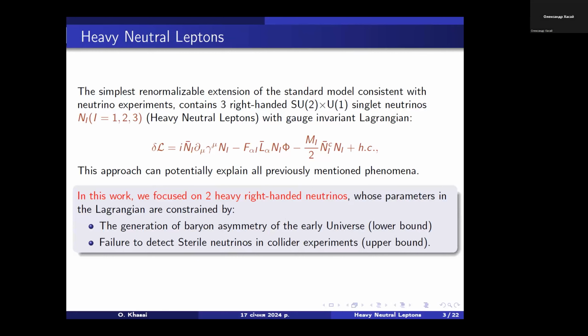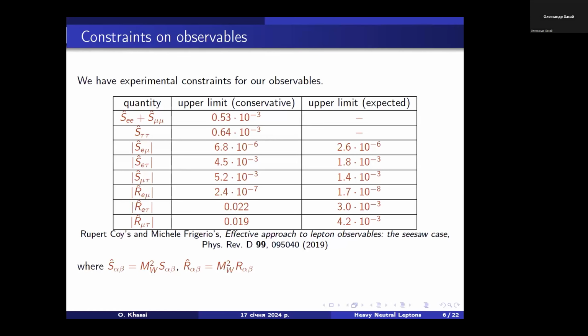It's not directly a part of my work, but in general, in such models, this relatively light particle is a candidate for dark matter with some really huge lifetime, and the two heavy sterile neutrinos contribute to the baryon asymmetry.